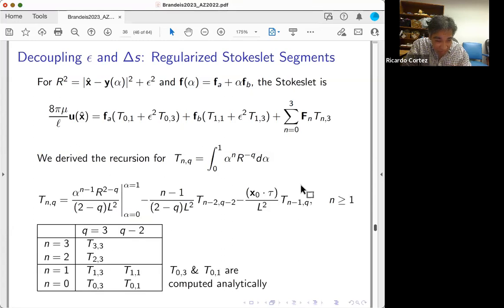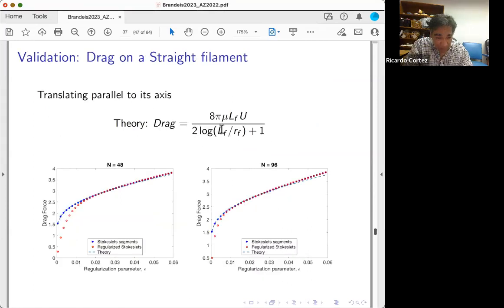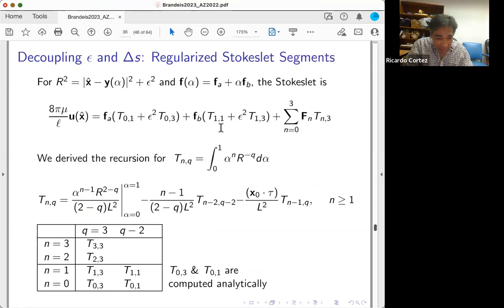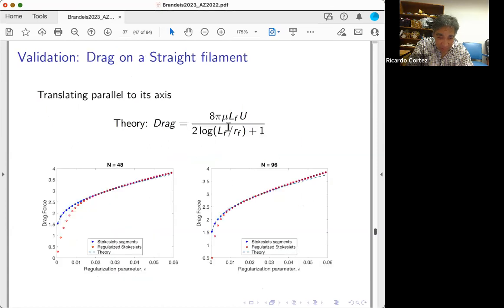There's a recursion here, so I'm going to skip ahead. The main idea is that if you think about the flagellum as piecewise linear pieces, and in each piece the force is linear, you can compute the exact velocity due to that.